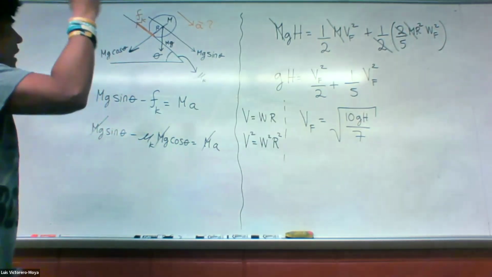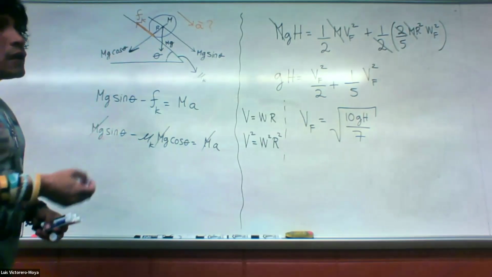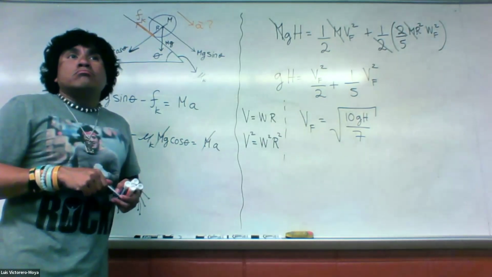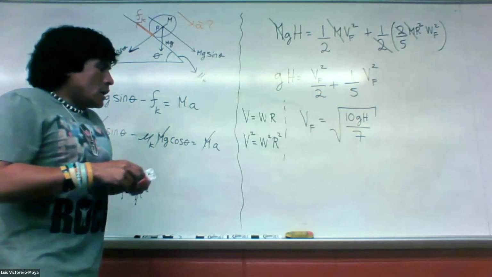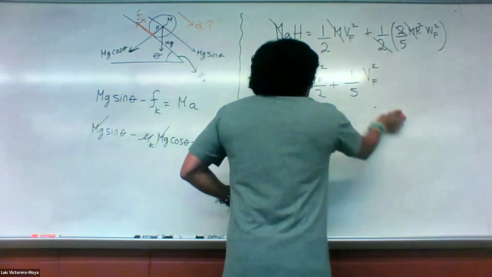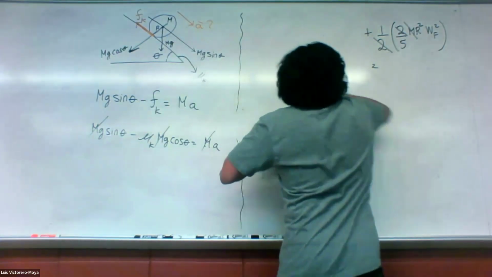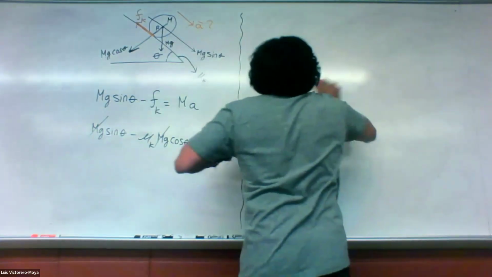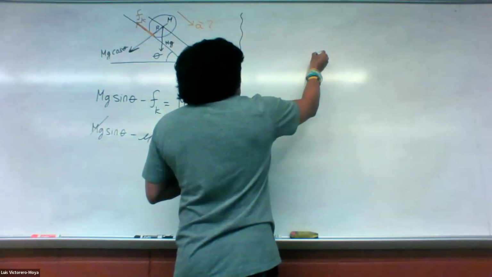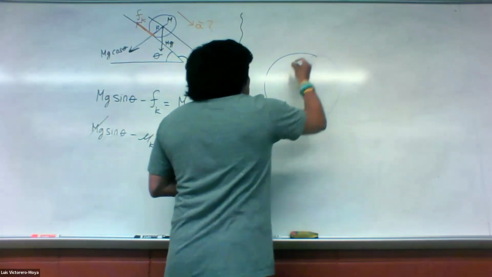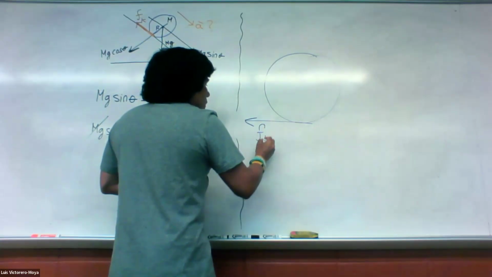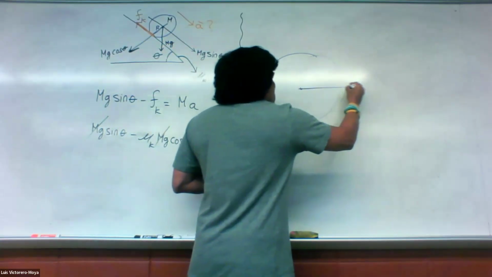But now that it's rotating, we can do an extra analysis. What is the net torque acting on the sphere? If you think about it, hold on. The sphere, I'm going to draw it horizontally, okay? It has friction acting here and has this component.